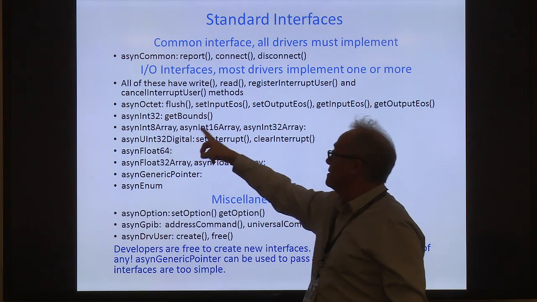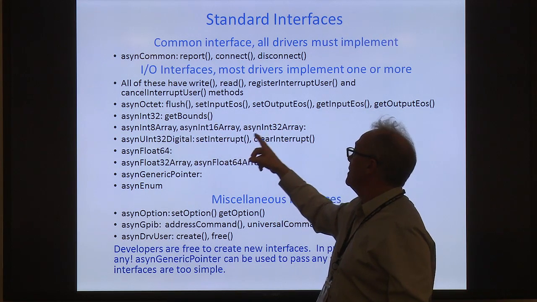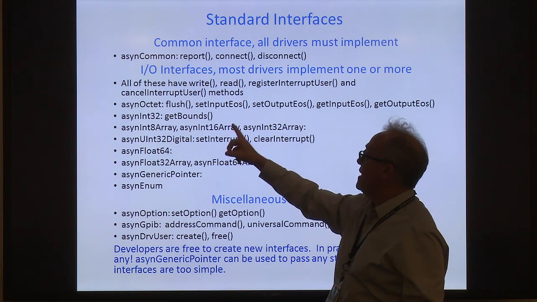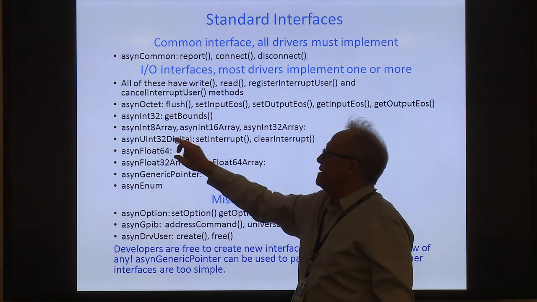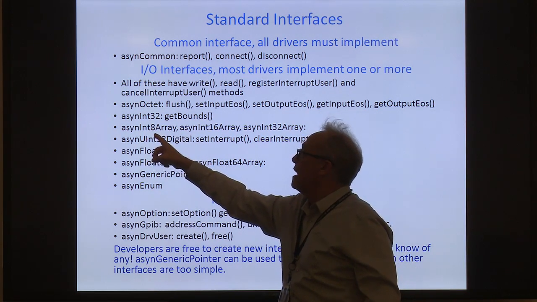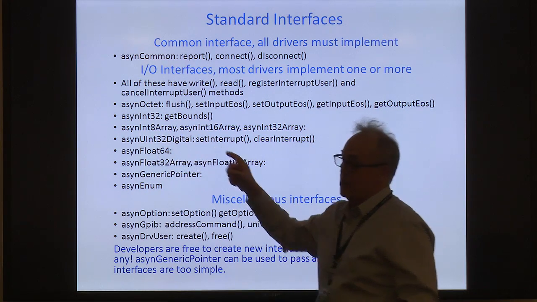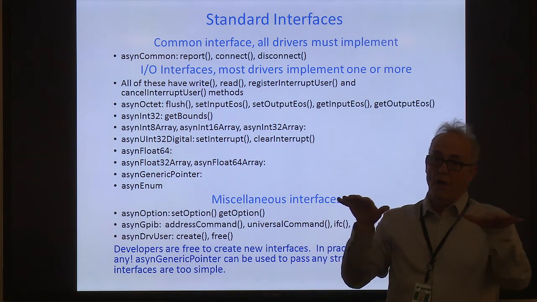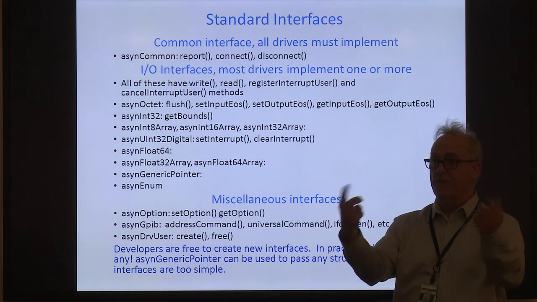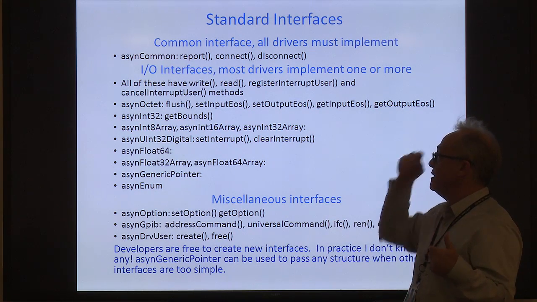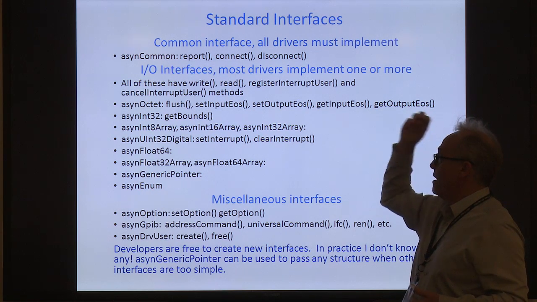Then there are integer array interfaces for 8, 16, and 32 bits. There's something called asyn uint32, unsigned int32 digital. This is intended for binary devices, where you're going to write a set of bits and read a set of bits.